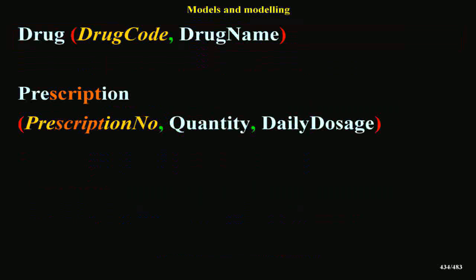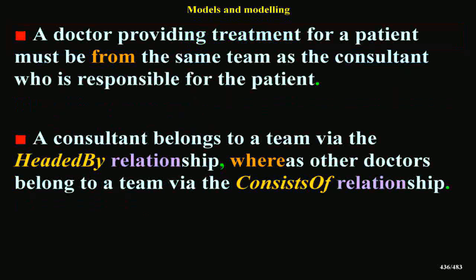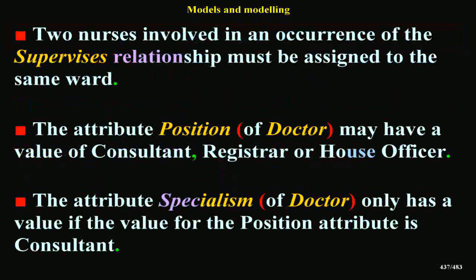Quantity, daily dosage. Constraints. A doctor responsible for a patient must have a position of consultant. A doctor heading a team must have a position of consultant. A doctor providing treatment for a patient must be from the same team as the consultant who is responsible for the patient. A consultant belongs to a team via the headed by relationship, whereas other doctors belong to a team via the consists of relationship.